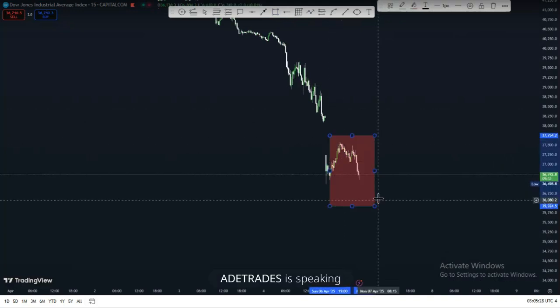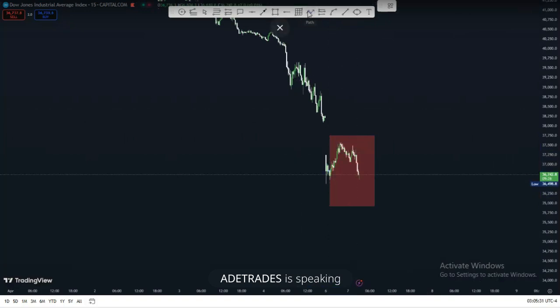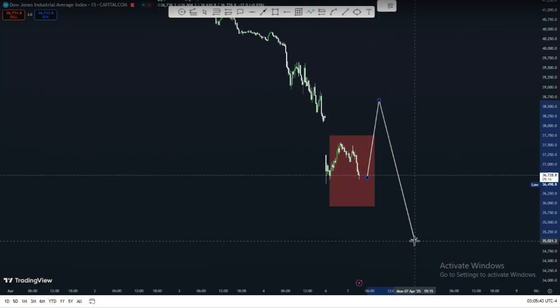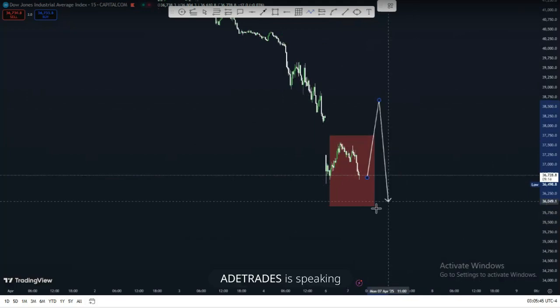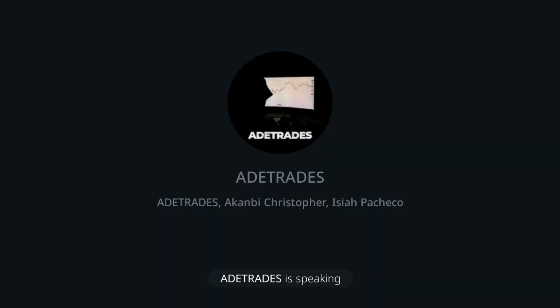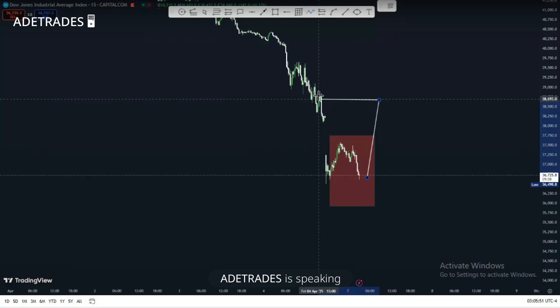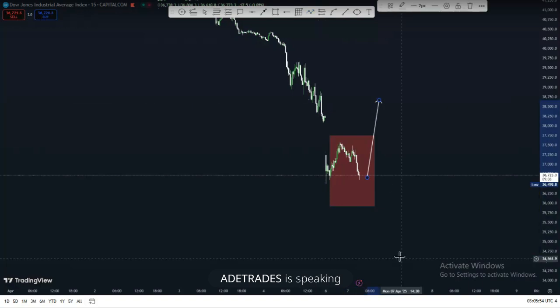I'm also expecting the market to come back, something like this, to cover this whole gap here, because it has to cover the gap. Maybe come to this area, then short down to 32,000.